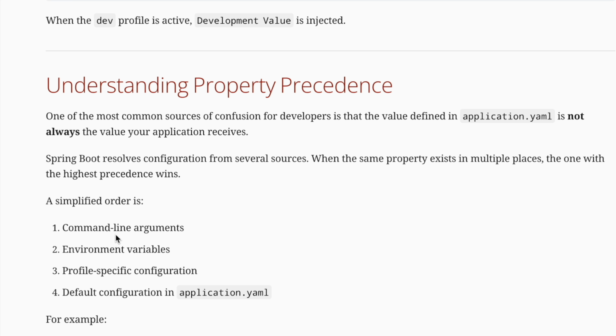First, if you define a variable as a command line argument, it will get precedence over an environment variable, and then profile-specific configuration, and the last one is this one. You can also check out my other video about this topic. I hope you enjoyed. Thanks and bye.